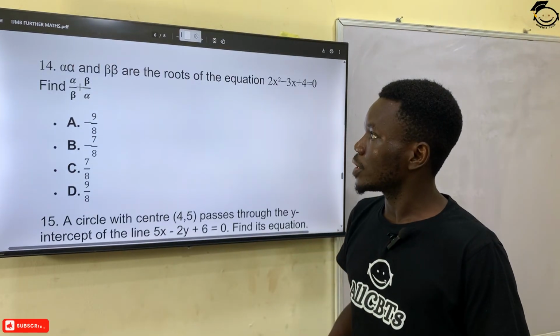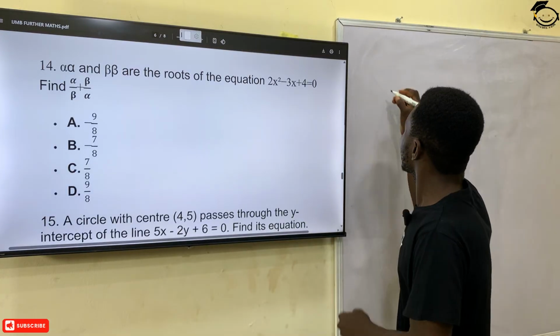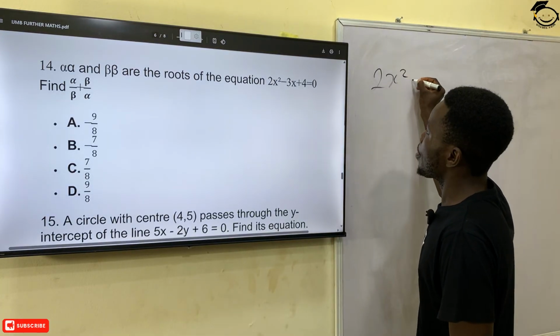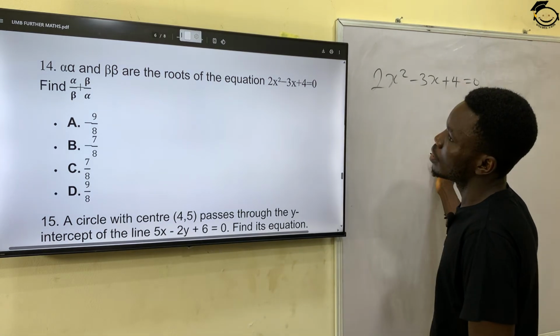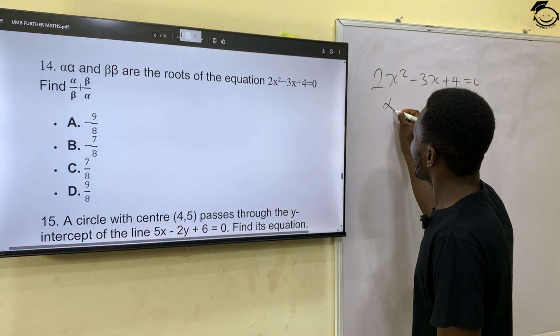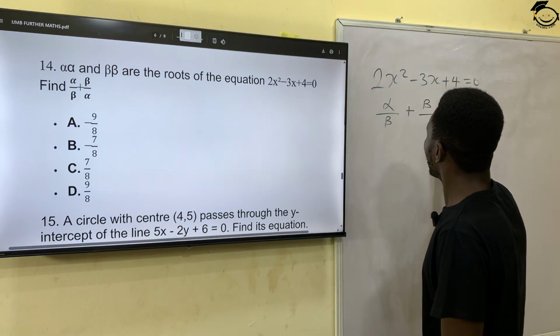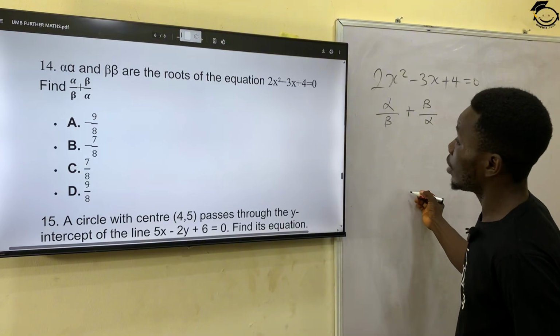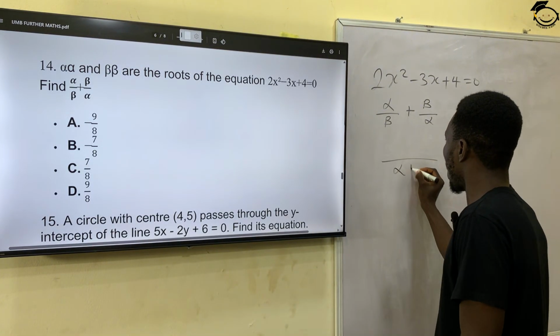So question number 14 says alpha and beta are the roots of the equation 2x squared minus 3x plus 4 equals 0. We are looking for alpha over beta plus beta over alpha. So what we have to do here is simplify this. My LCM here is alpha beta.